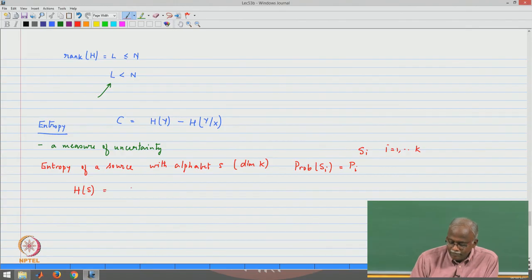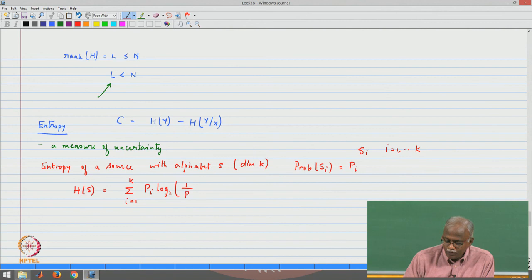Now, the entropy of the source is given by summation i equal to 1 through k of P_i logarithm base 2 of 1 over P_i. Okay.